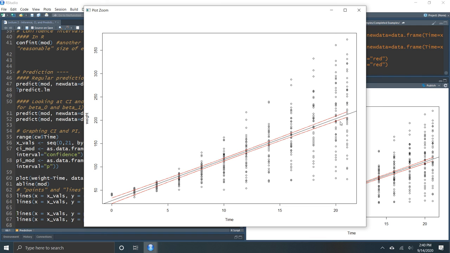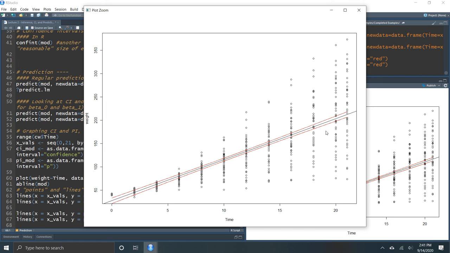Another way to think about this: this black line is the expected value of y. This black line is the mean of y for each one of these data sets, so the confidence interval, when graphed in this way, is kind of the confidence interval of where the line should fall. So these red curves, and again, they just slightly curve, they're a little narrower in the middle, a little wider on the edges, indicate a 95% confidence interval of where this regression line should fall.